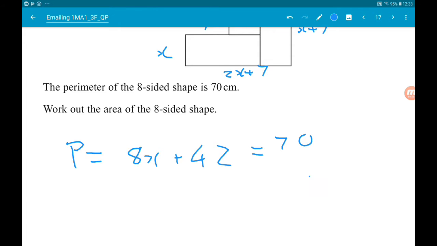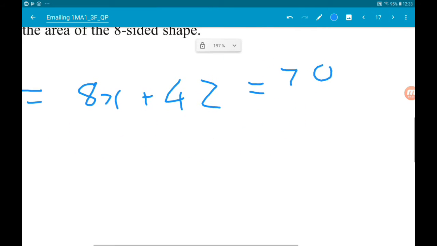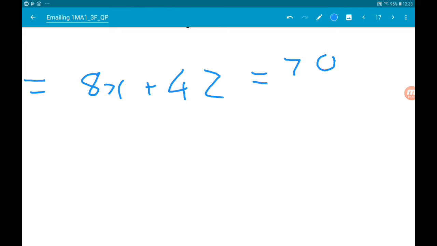Now we want to solve this for x. So subtract 42 and we get 8x is 28. And then divide by 8 and we get x is 3.5.